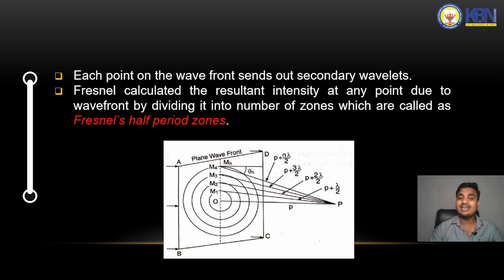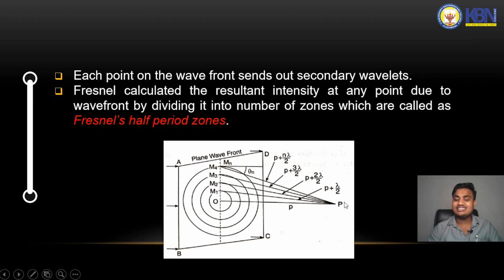Fresnel calculated the resultant intensity at a point due to the wavefront by dividing it into a number of zones, which are called Fresnel's half period zones. Here you can see in this diagram, ABCD is a plane wavefront emitting light of wavelength lambda, and P is the point where the resultant intensity is to be calculated.